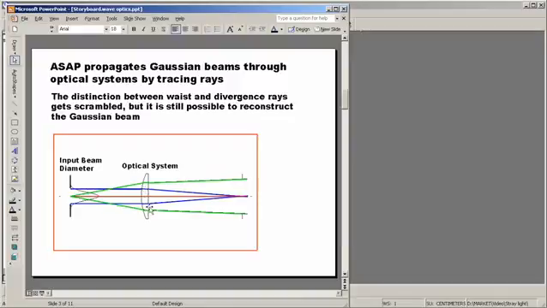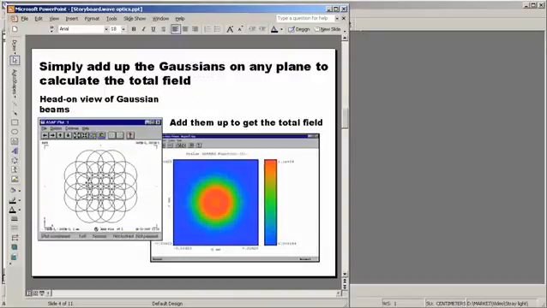We don't have to keep that particular idea constant throughout our system. ASAP, therefore, propagates both the base ray and the parabasal rays using the laws of geometrical optics, doing the mathematical recombination at any plane in our system so that ASAP can tell itself how the actual Gaussian is performing. We then go to some arbitrary plane, sum the individual Gaussian beamlets together coherently to calculate what the total field should look like.